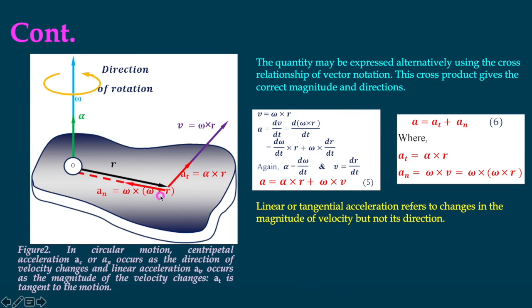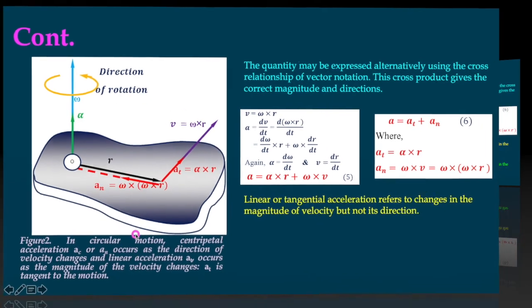So in the subsequent lectures I will discuss the direction in detail. So now alpha and omega are both perpendicular to the plane of rotation. The plane of rotation is the xy plane. So these two vectors, alpha and omega, are both perpendicular to the plane of rotation.